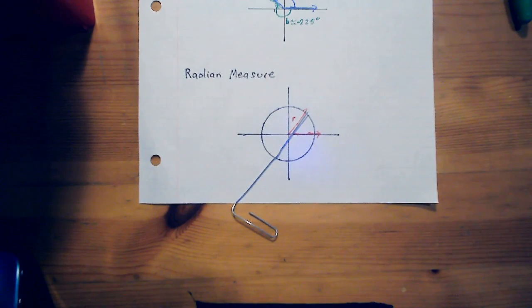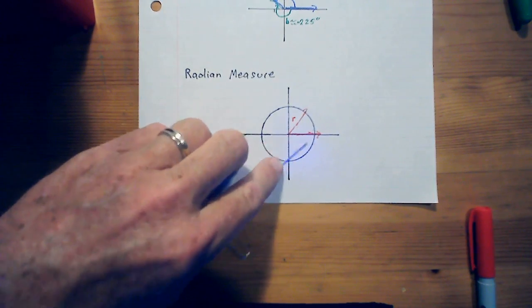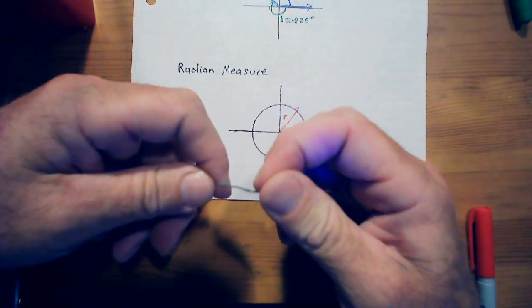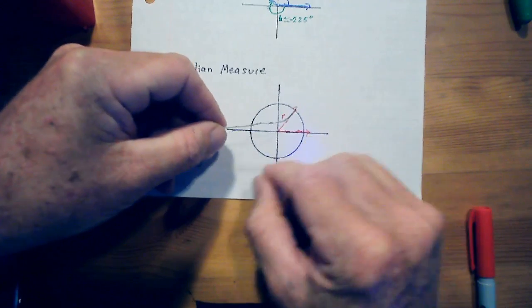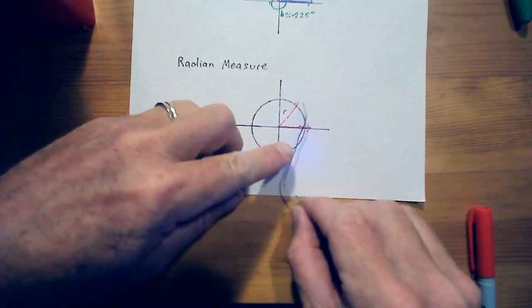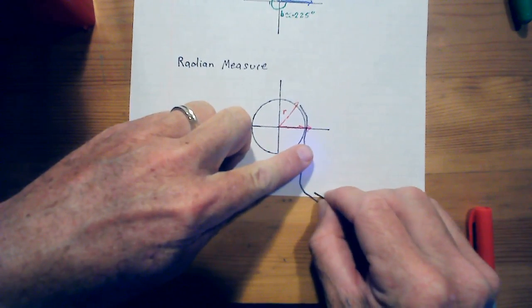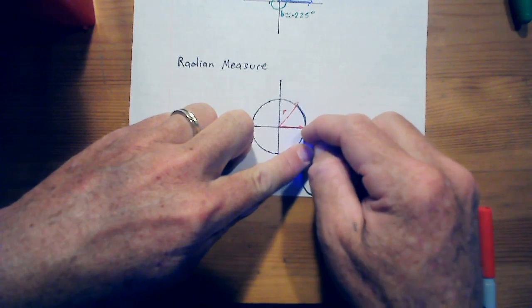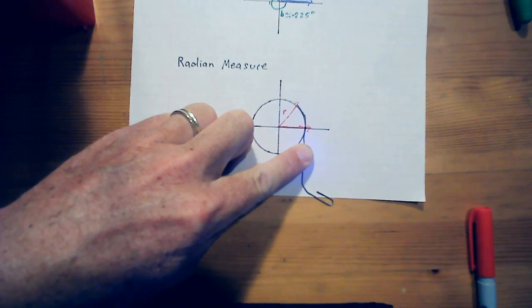But let's say that I take that radius with my paper clip and I bend it a little bit. If I take the length of that radius and wrap it around the circle, the distance from here to here is 1 radian, all right?